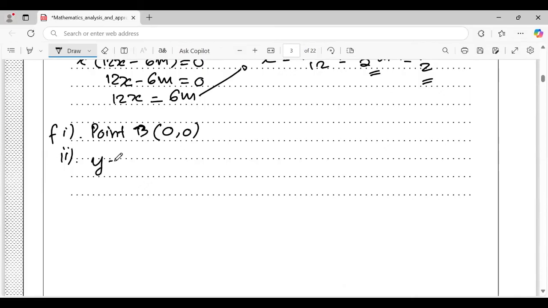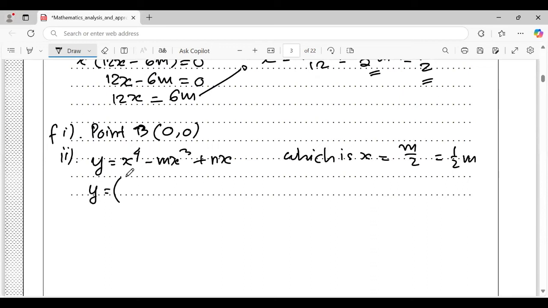The function is y equals x power 4 minus mx cubed plus nx, and x equals half m. So substitute x equals m half into this equation.